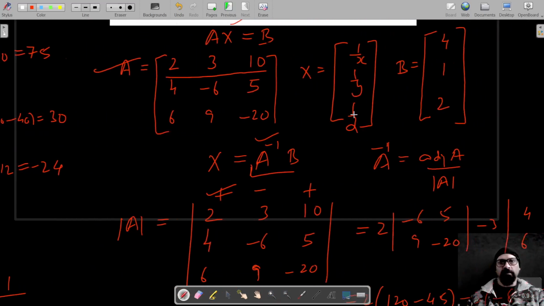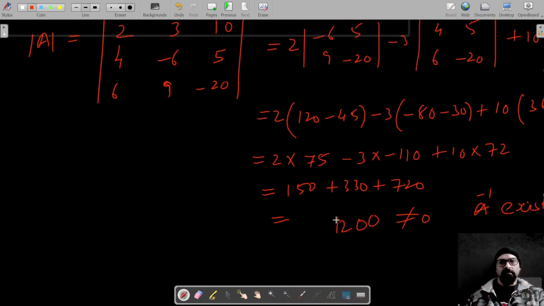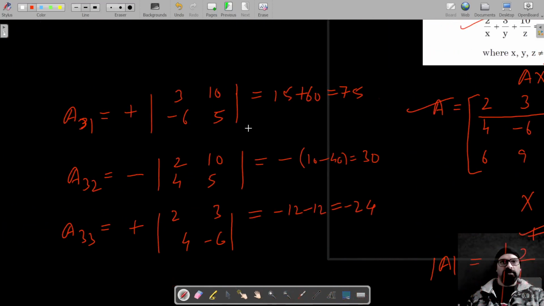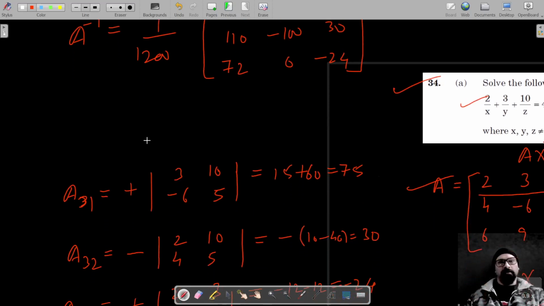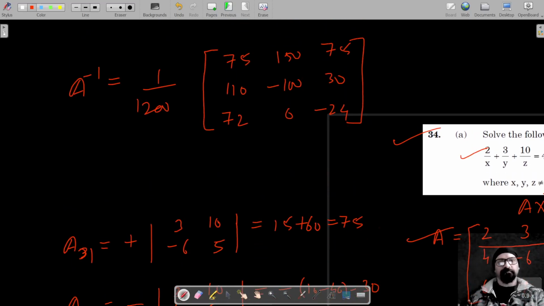So it has to be divided by the value of 1200 with adjoint of A. So this is adjoint of A. And if you write down here, this is A inverse, 1 by 1200. And now let's find out X.